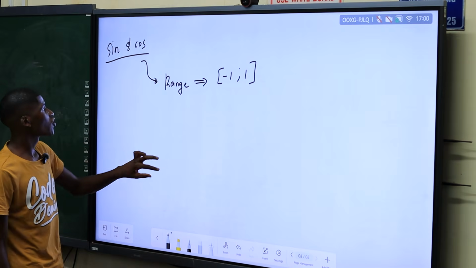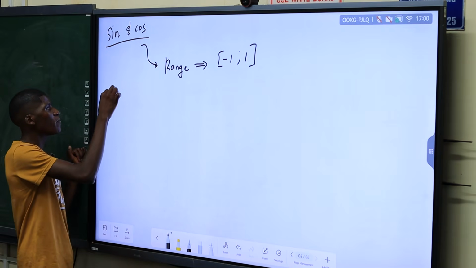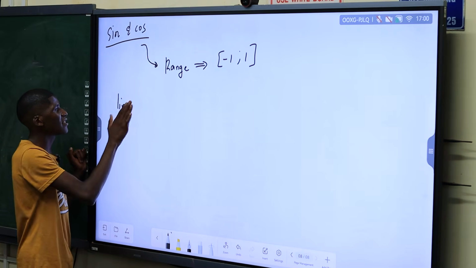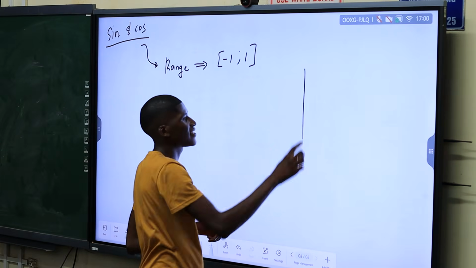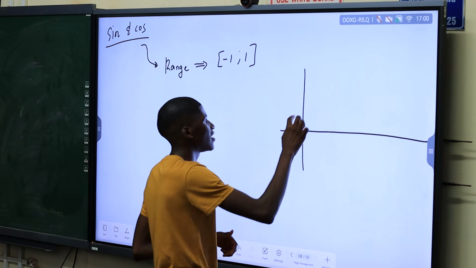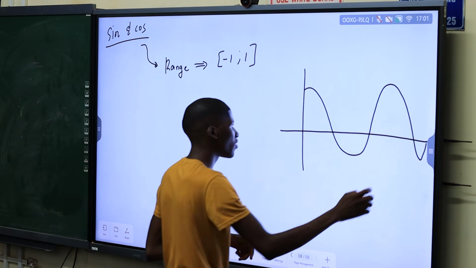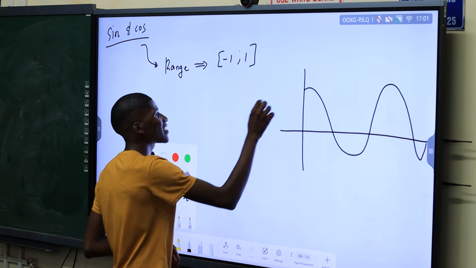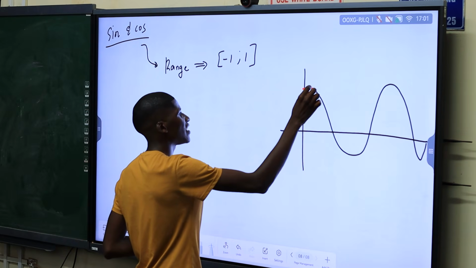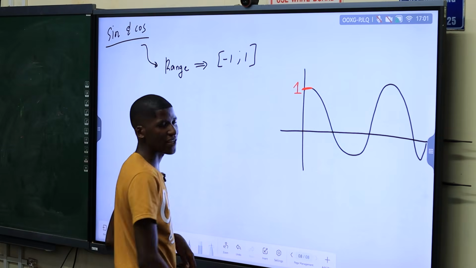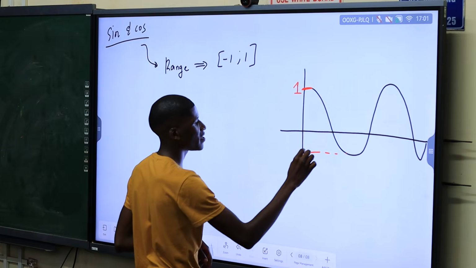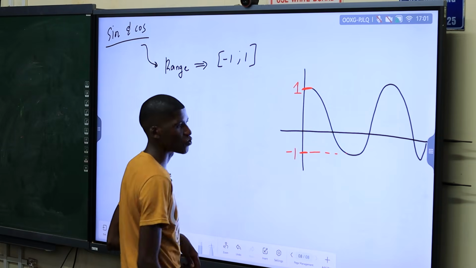Exactly. So if I give you a schematic sketch for you guys to see. Now, this is a cosine graph. The cosine graph has a maximum value, which is 1, and a minimum value, which is -1.